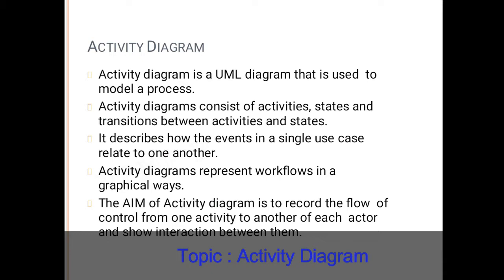What is an activity diagram and how does it work? An activity diagram is a UML diagram that is used to model a process. Once again, an activity diagram is a UML diagram, that means Unified Modeling Language diagram.